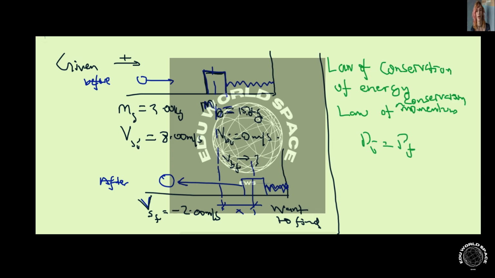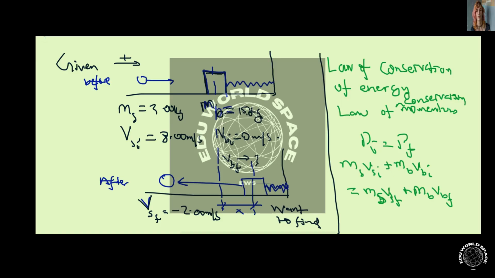The initial momentum of the system is ms vsi, the initial momentum of the stone, plus the initial momentum of the block, and that equals the final momentum of the stone plus the final momentum of the block.